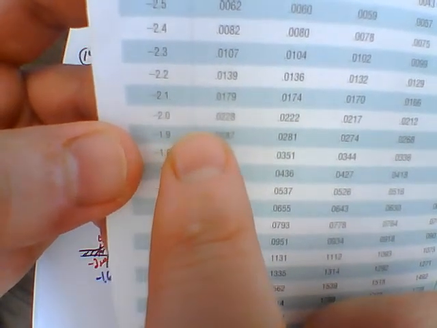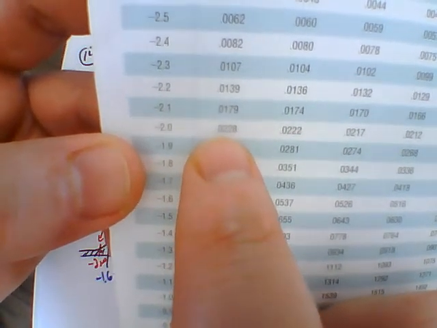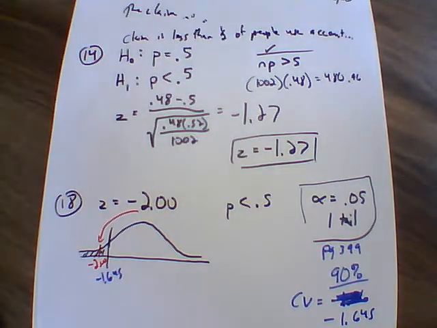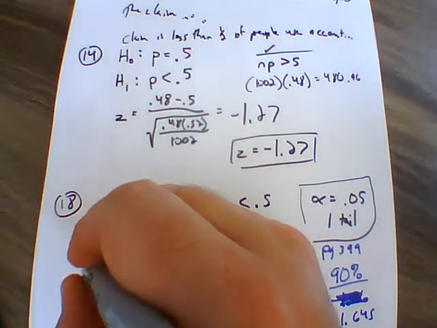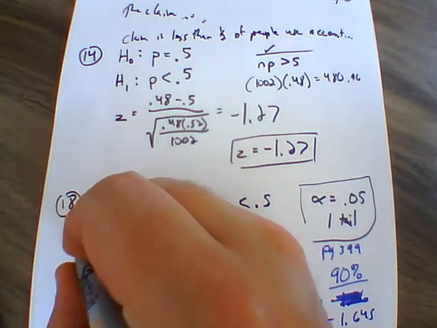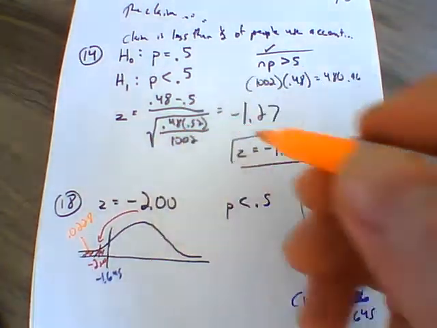and on that table we would look at negative 2.00, which would be 0.0228. So what that's telling us is that the area in here is 0.0228.